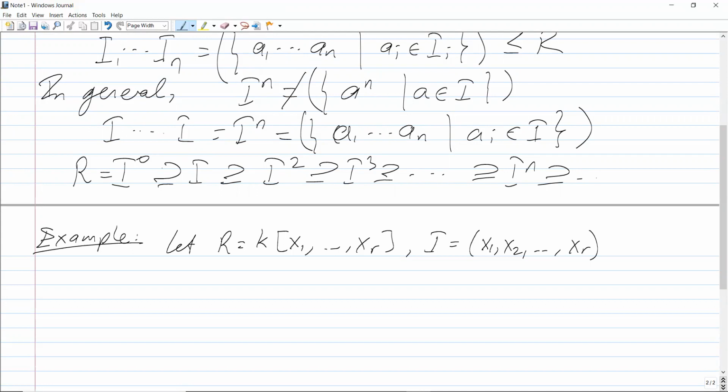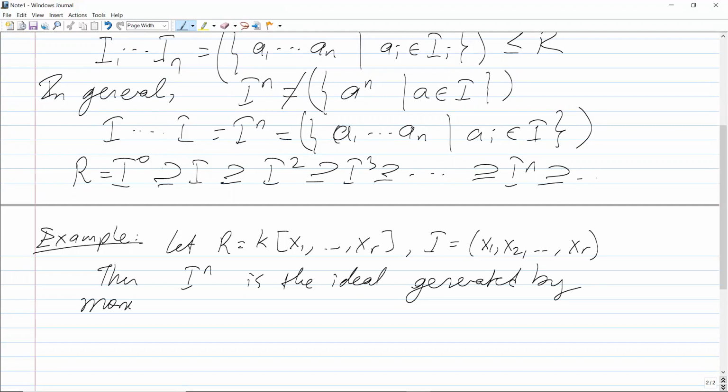Then this I^n is the ideal generated by monomials of degree n.